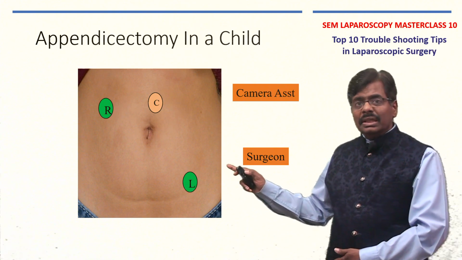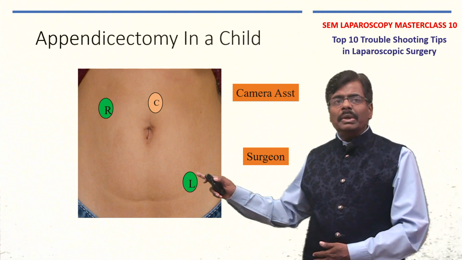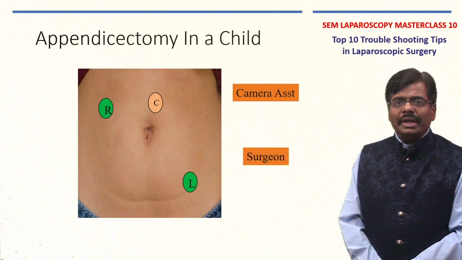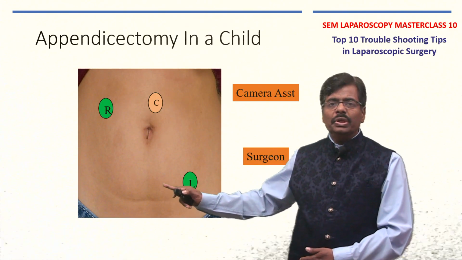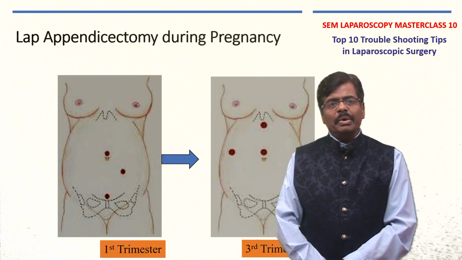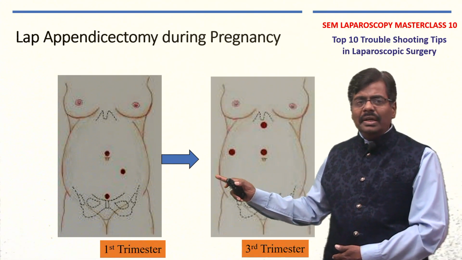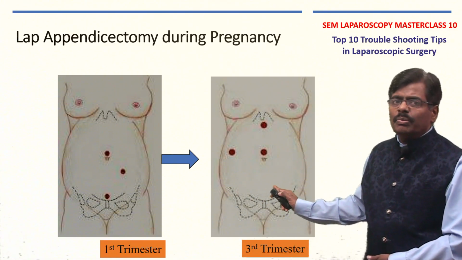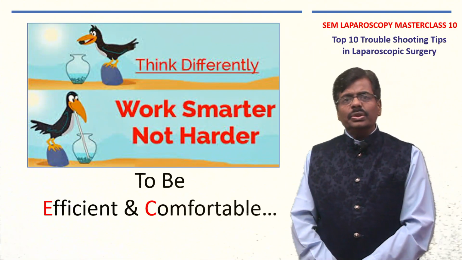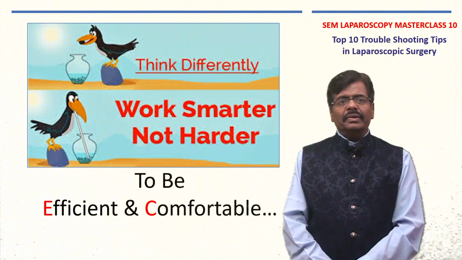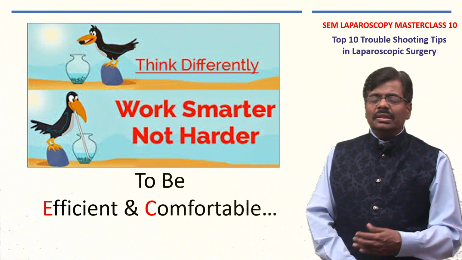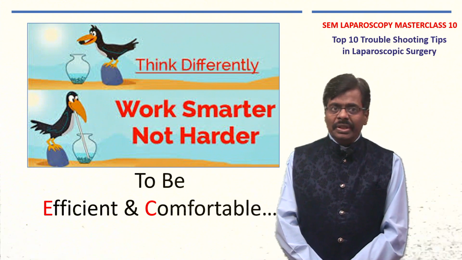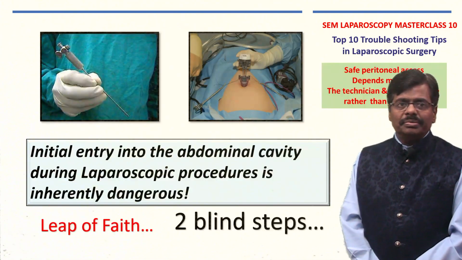For example, for the same appendix in a child, the port may be slightly higher in the right upper quadrant for retraction, because if you keep it too low, it will cause a problem retracting the appendix. And even in ladies during pregnancy, how you put the port in the first trimester, and in the third trimester where the ports are going to be, are different. So, all these things you need to learn, because if you get ergonomics right, then it makes the surgery very easy, very efficient and comfortable for you, because you need to always start working smart.